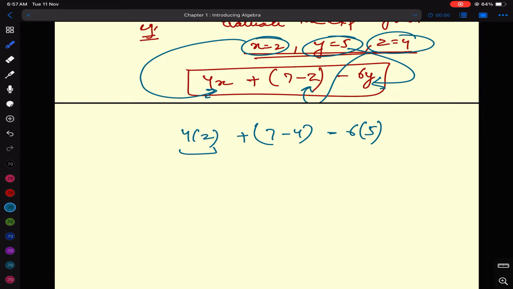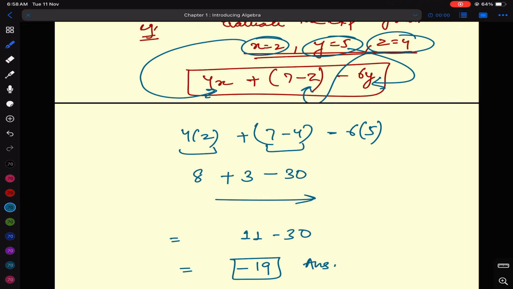So 4 times 2 is 8, 7 minus 4 is 3, and 6 times 5 is 30. So that is going to give us 11 minus 30, because 8 plus 3 is going to give you 11, and then there is a minus 30, which is negative 19. That's your answer.